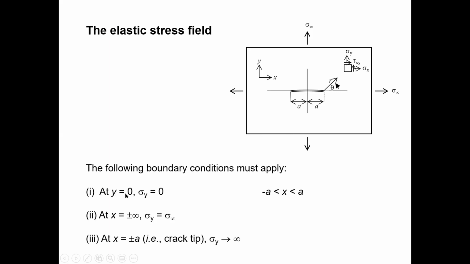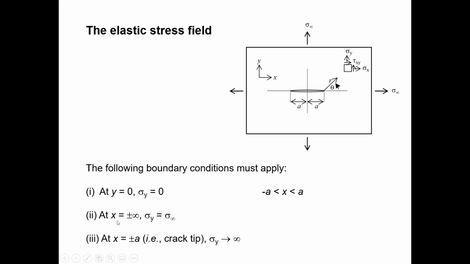At y equals 0, in the center, sigma y is equal to 0 because there is no stress. The material is free; if it is cracked, there is no material inside this crack. So sigma y equals 0. That is one boundary condition.